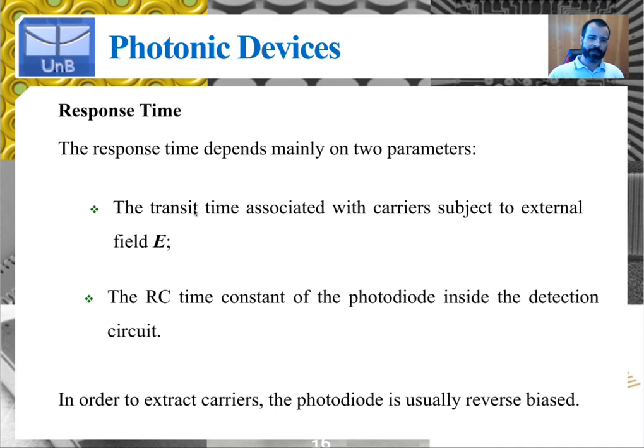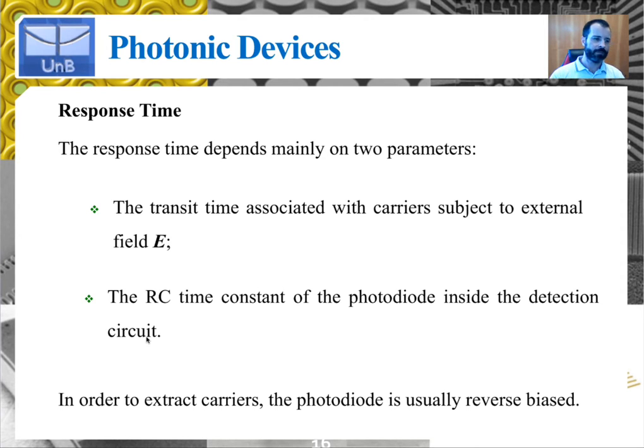This means that it takes a certain amount of time for an electron or a hole to cross the depletion region or the active region of the device, and the speed with which these carriers move inside the depletion region determines the speed and the maximum frequency of the device, right? The other parameter is the RC time constant of the photodiode inside the detection circuit, right?